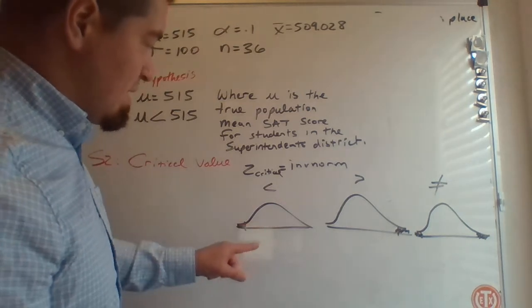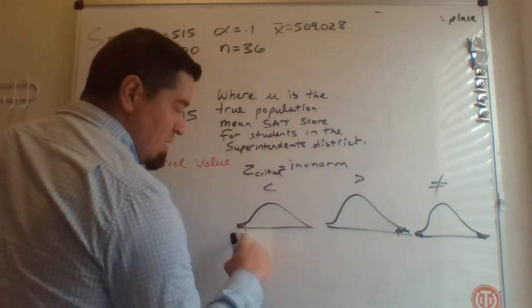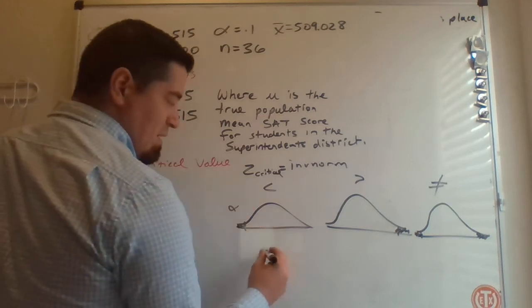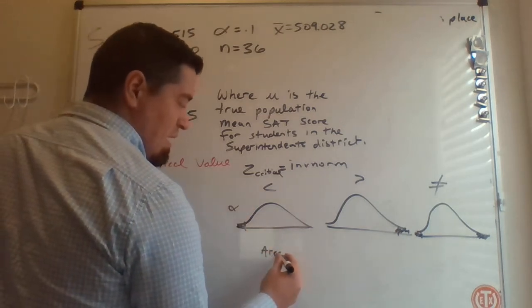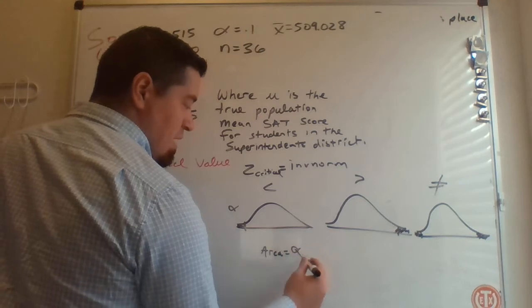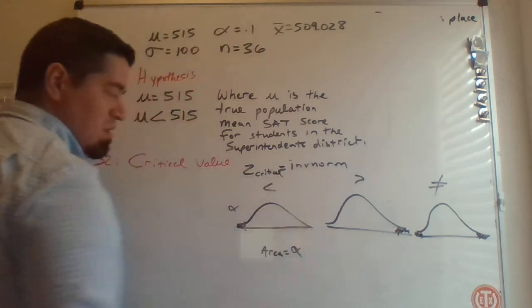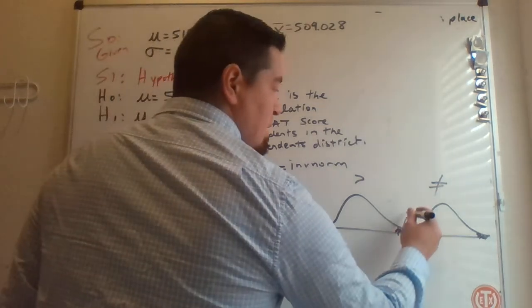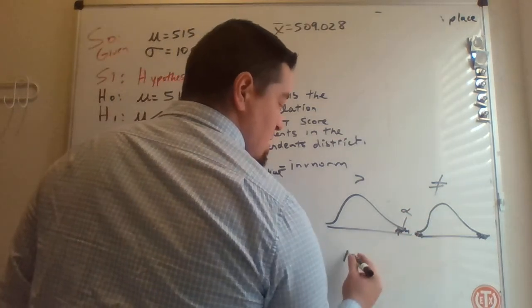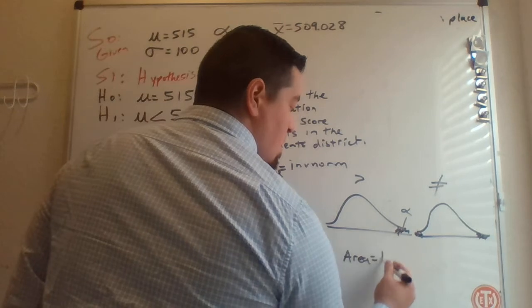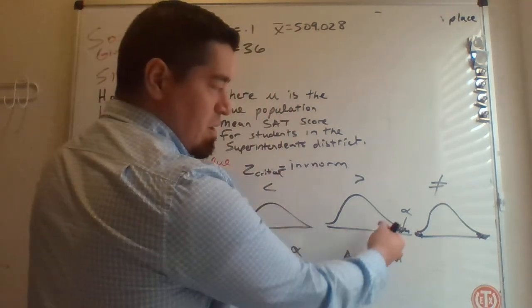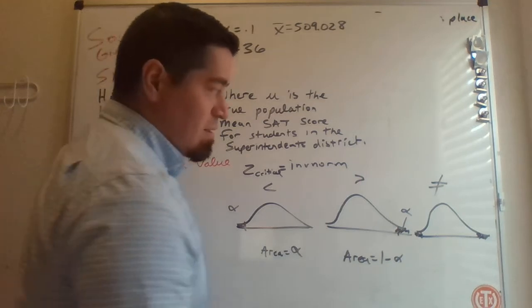Now the difference is what will you use for the area. In this case, if that's alpha, the area you're going to use is alpha in your calculator, and then that'll get you your z critical. Over here, this is alpha, so the area you'd use is 1 minus alpha, because the calculator only gives you area to the left for most calculators.